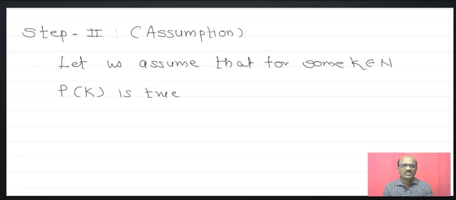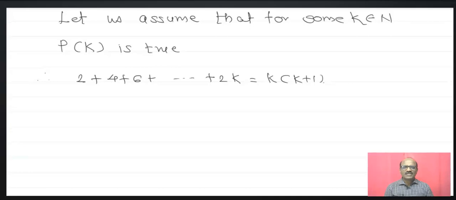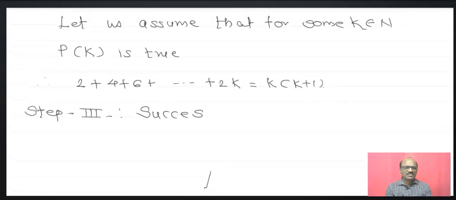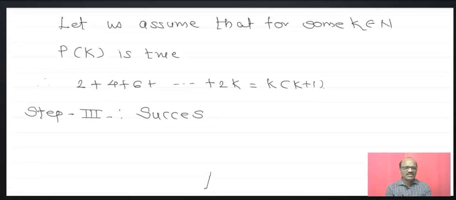That is, हम assume करते हैं यहाँ P of k is true. Let us assume that for some small k belongs to natural numbers, P of k is true, and again we write our given statement, and in this statement we only replace n by k. Therefore 2 plus 4 plus 6 plus dash dash plus 2k is equals to k in bracket k plus 1. Now this step is very important, and this is called the succession.